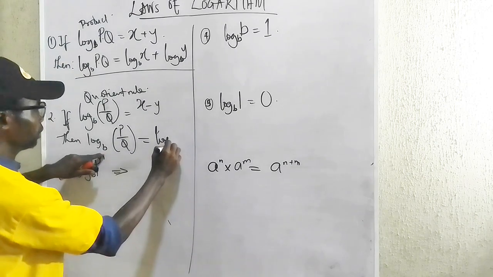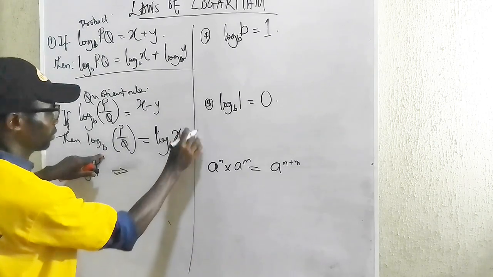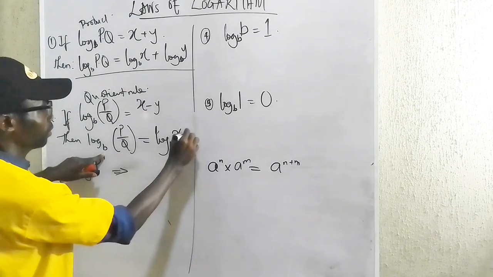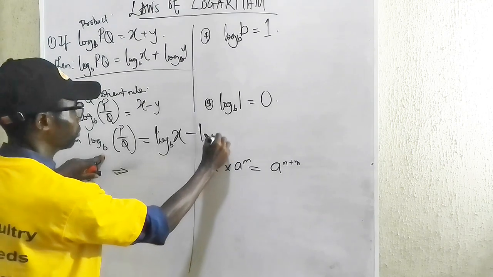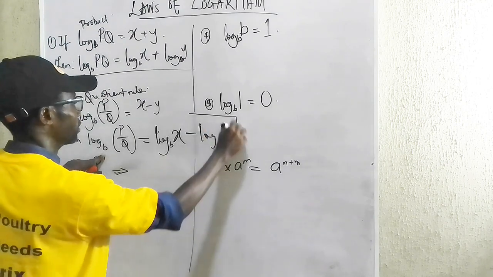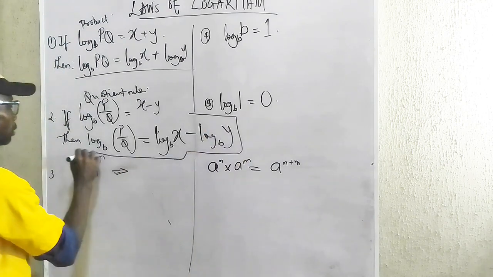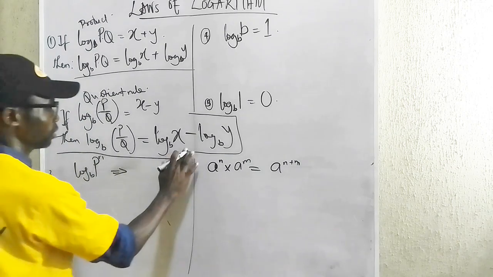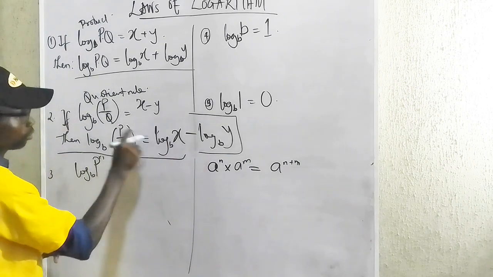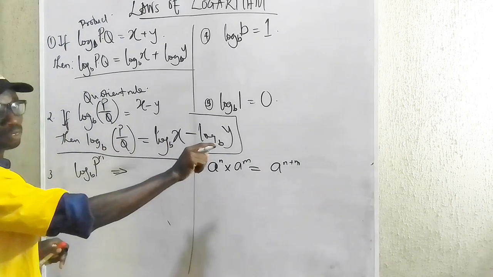Log in base b of x minus log in base b of y. Simple. That's just simple. So this is what it's going to be. Just use the logarithm to spread it out.